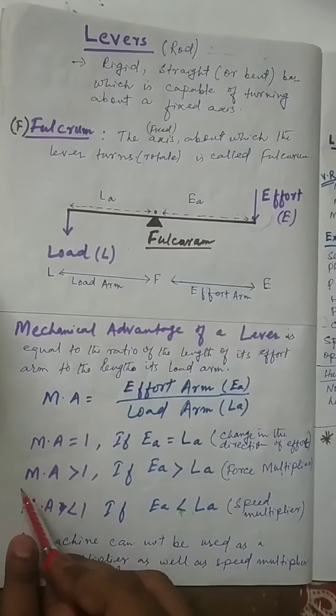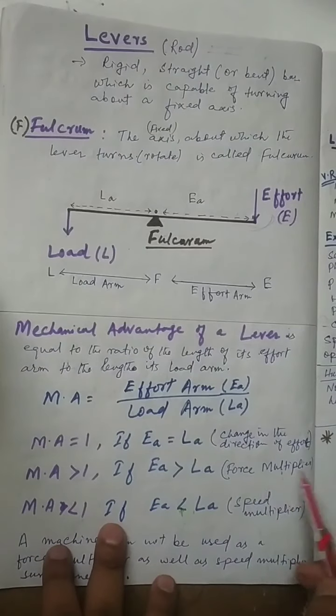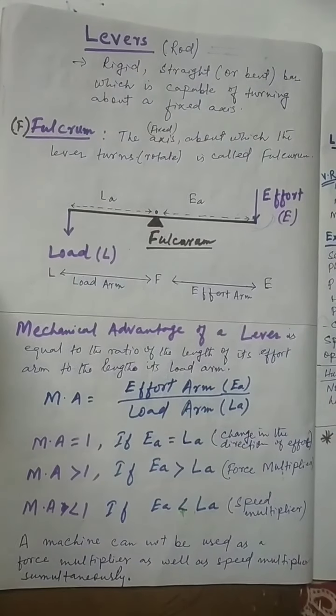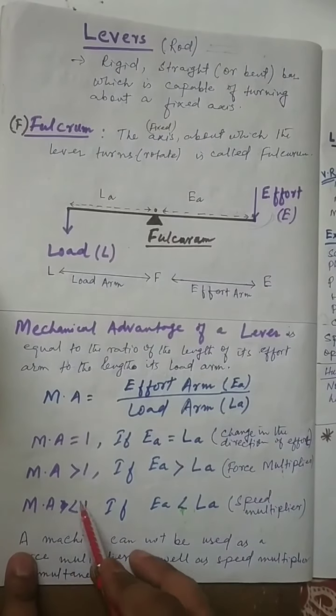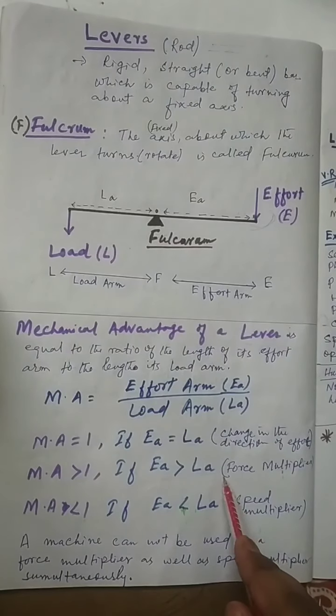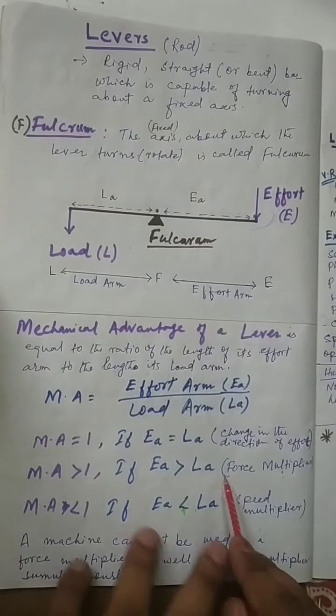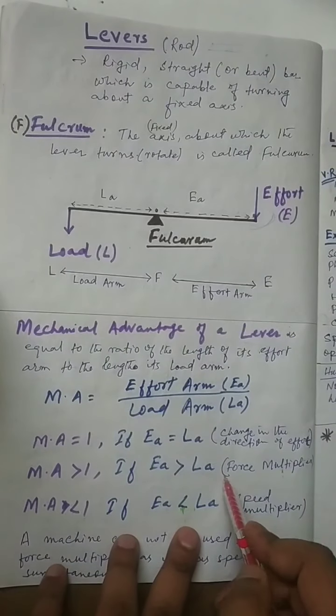If mechanical advantage is greater than 1, then that condition is called force multiplier. We will discuss what is force multiplier later. Mechanical advantage less than 1, then that condition is called speed multiplier. Force multiplier means by using small force we can lift a heavy load.